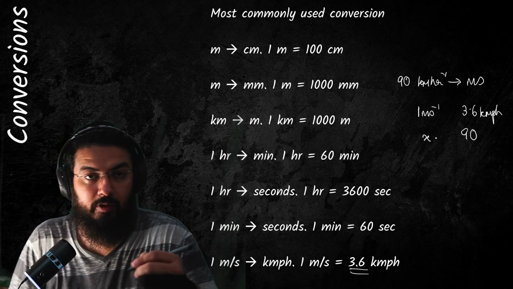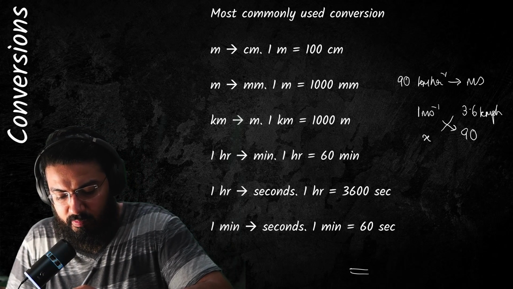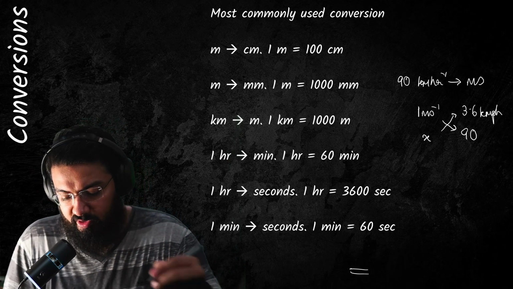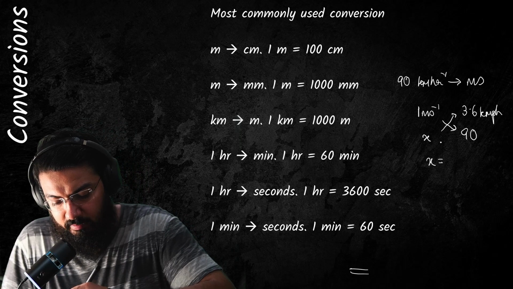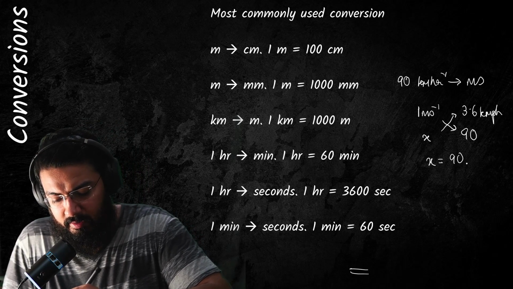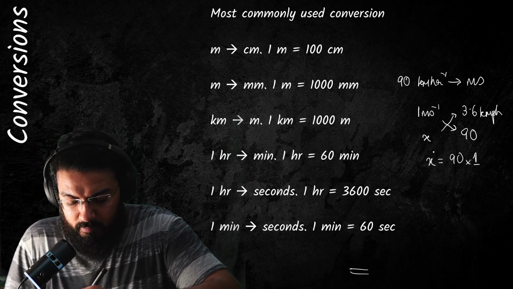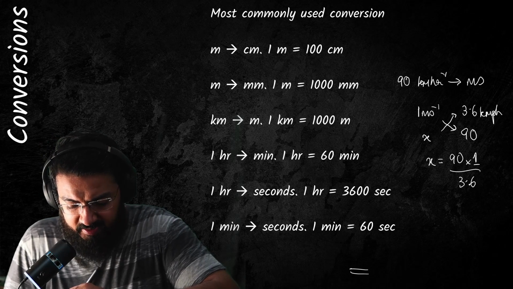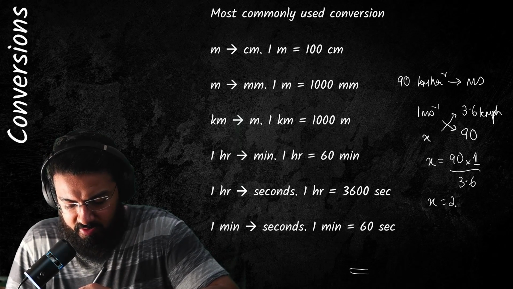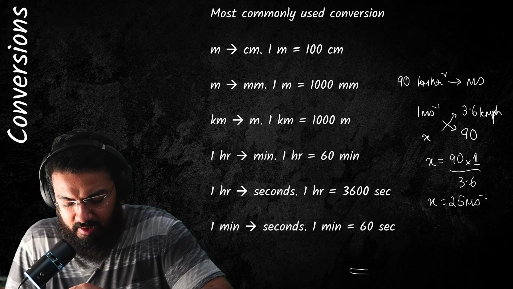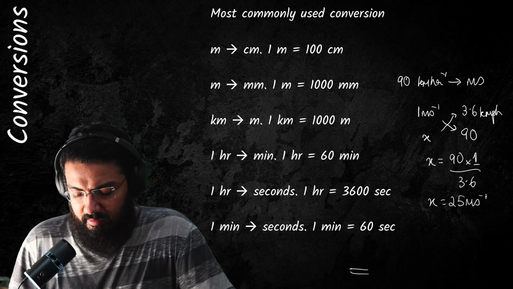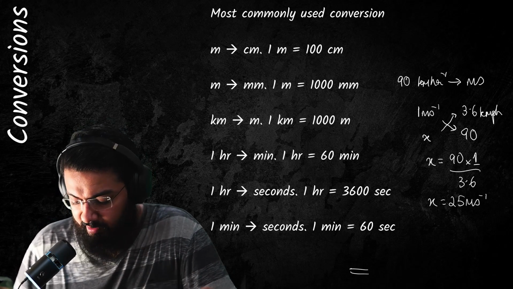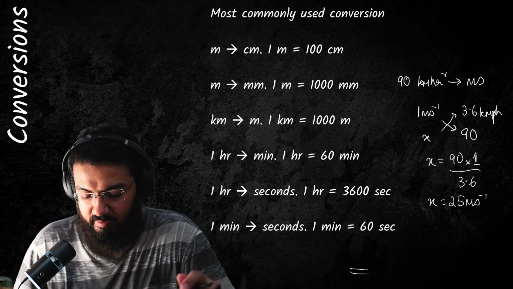It's going to be x, I don't know. And then I can cross multiply. I can use basic simple proportions to solve this. So x is going to be equal to 90 times 1 divided by whatever is being multiplied with the x, so 3.6. And your answer is going to become 25 meters per second. You can use a calculator to verify if 90 divided by 3.6 is in fact 25 or not.